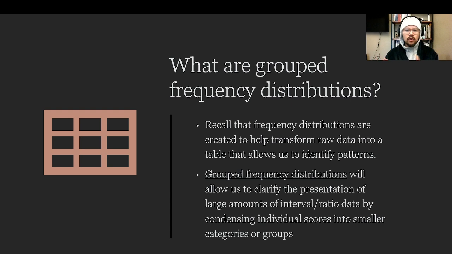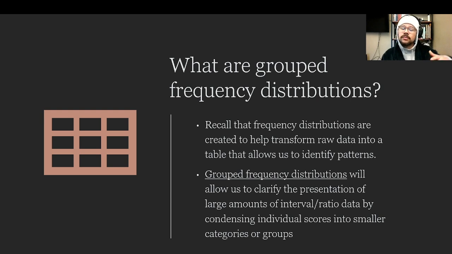Those categories, that 18 to 24, that 25 to 35, are called class intervals. I'm going to expand a little more on what a class interval is, but when we've collected that data and then display it in some form of table, that is called a grouped frequency distribution.